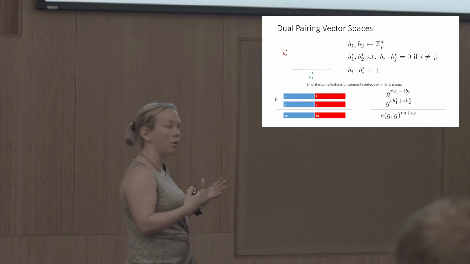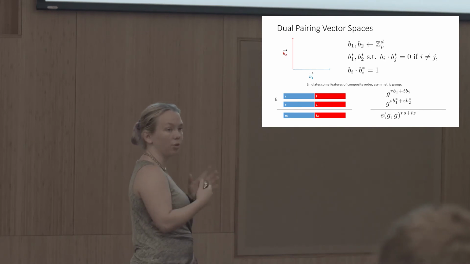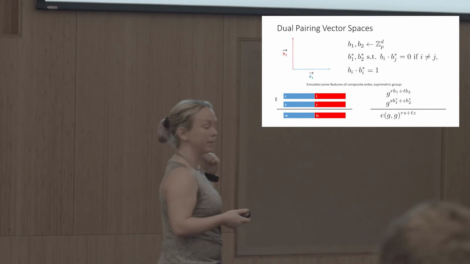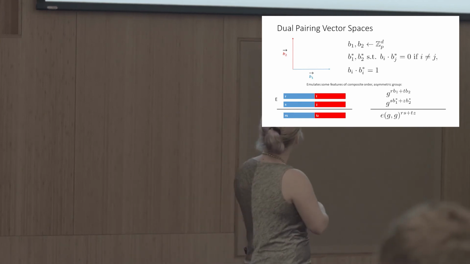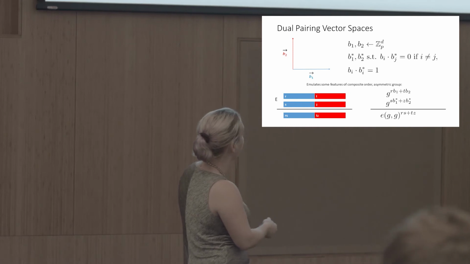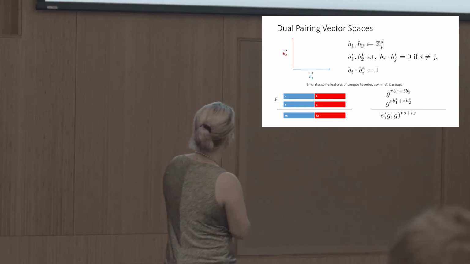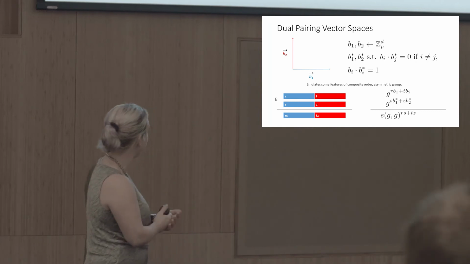This is how we're going to keep the red space from interacting with the blue space. We're going to make sure that red only interacts with red and blue only interacts with blue. And then the dot product of bi times bi star is equal to 1. So red versus red interacts, and blue versus blue also interacts.